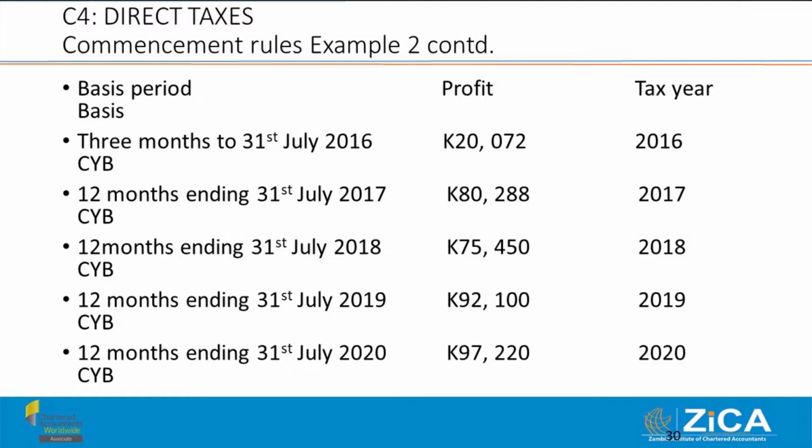So the 3 months to 31st July will be taxed in 2016 because these profits fall in the year 2016, therefore they'll be charged in the same year 2016. And this applies to all the other months that fall. And this was done after we split the first 15 months into two components, one having less than 12 months and the other one having 12 months.